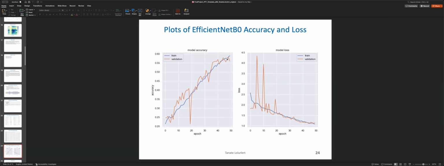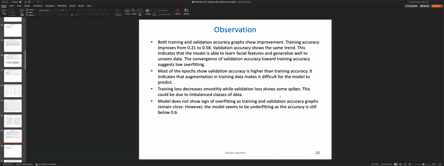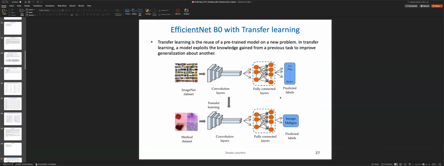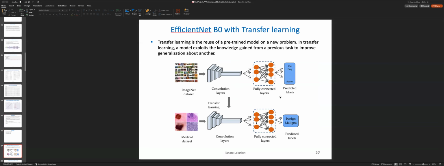We can see overfitting here, but it's a little bit unstable because of the imbalanced classes, and we see spikes in the loss, which result from the imbalanced classes. Observation summary.